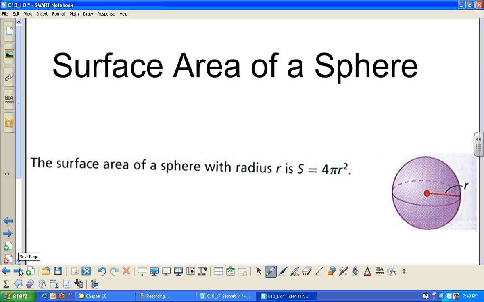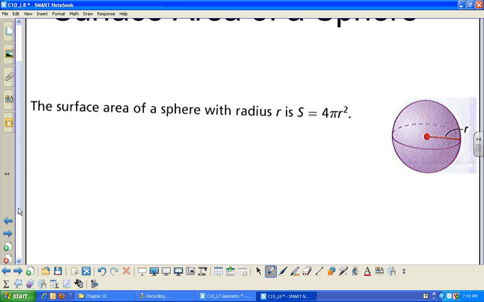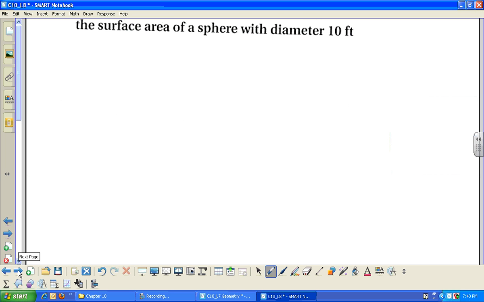Now the surface area of a sphere is going to be, with radius r, S is equal to 4 pi r squared, r being your radius. So if I'm looking for the surface area of a sphere with diameter 10, if d is equal to 10, radius is half of that, so my r will be equal to 5.